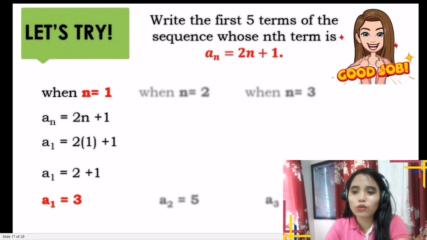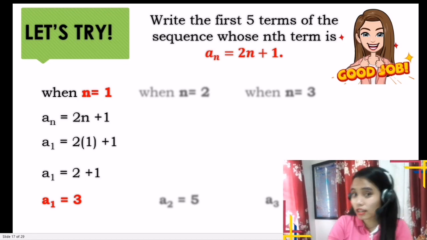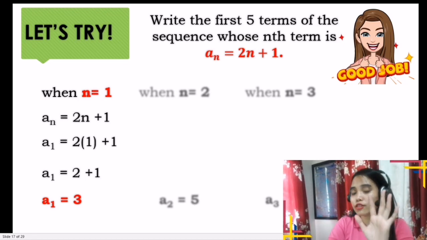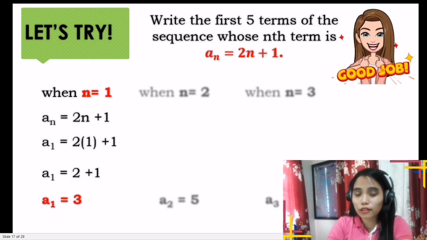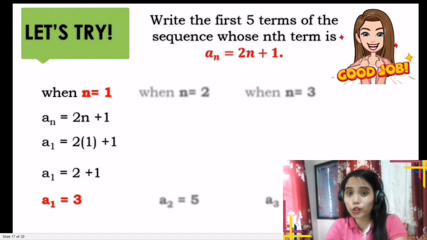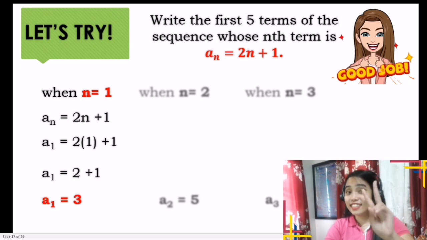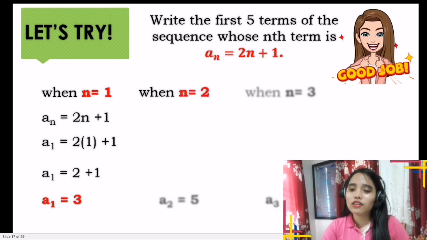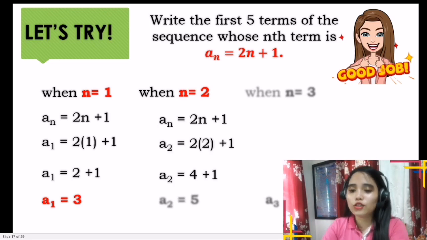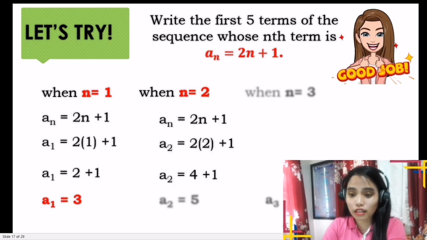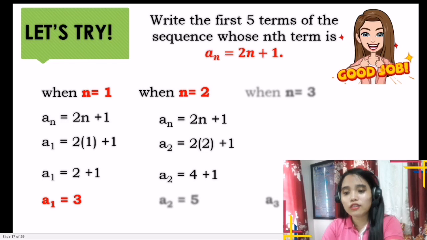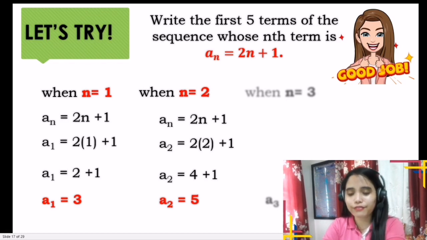Okay. Now, first term pa lang yun, we will get the first 5 terms. So, second term natin, what is our n sa second term? That's right, 2. So, we will substitute 2 to the formula. So, we have 2 times 2 plus 1. So, 2 times 2 equals 4 plus 1. Our second term is 5.